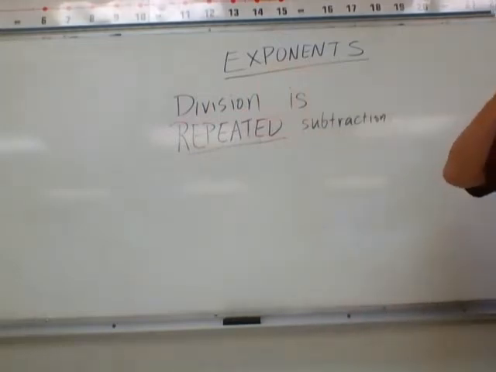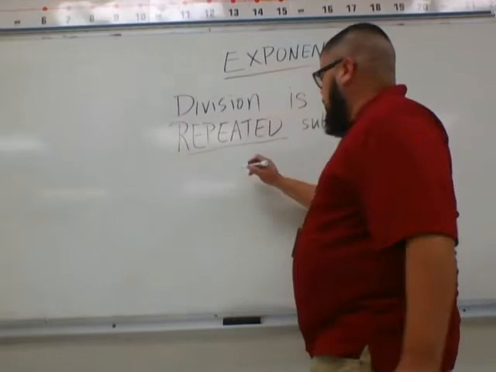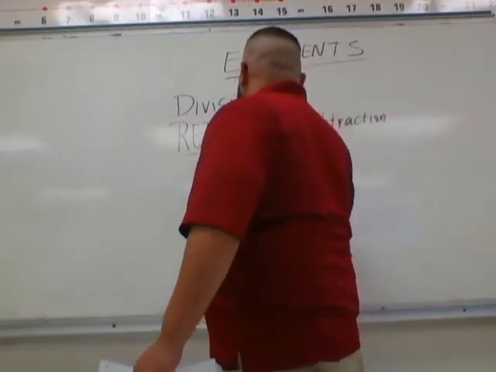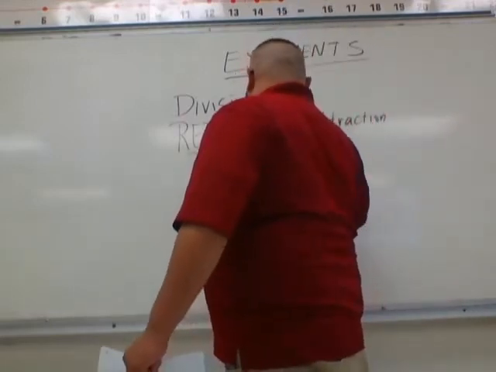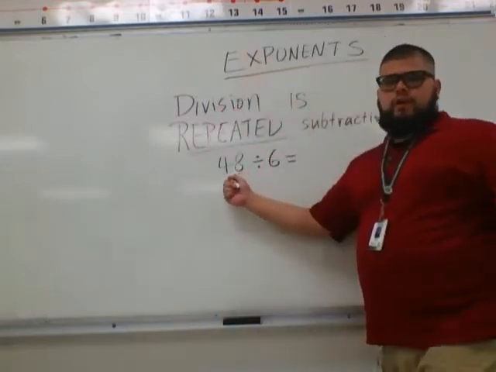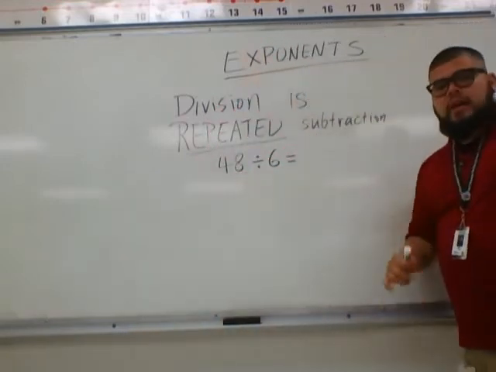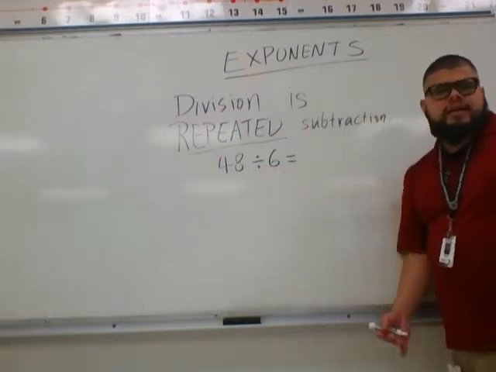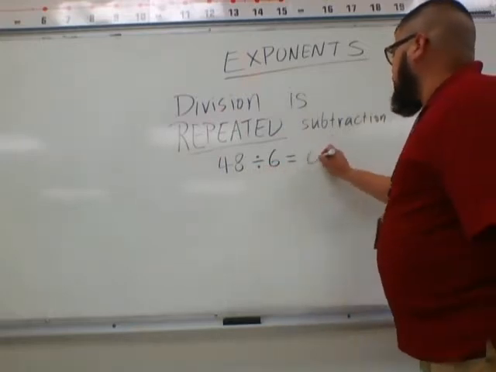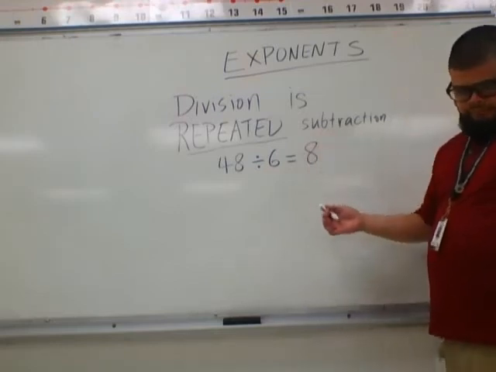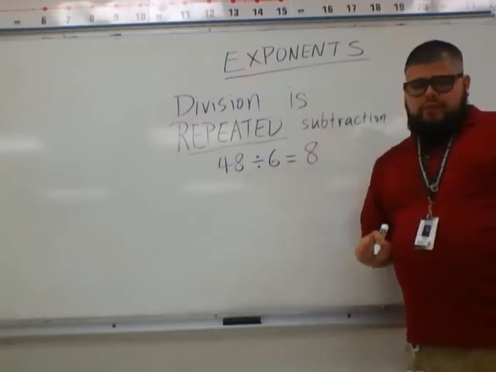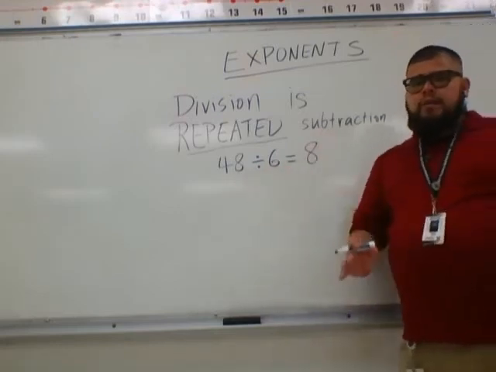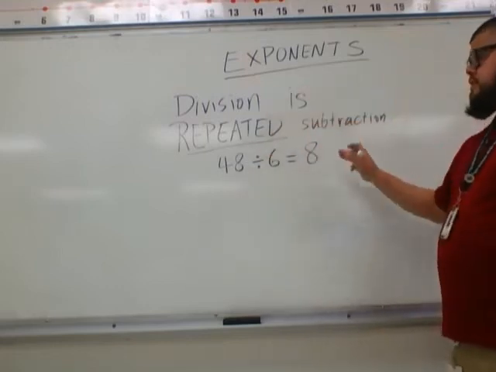So let's go to this example. 48 divided by 6. Whenever we're doing division, it helps us practice our multiplication at the same time. You should know that this is 8 because 6 times 8 is 48, right? That's the idea. But remember, like I said before, division is repeated subtraction.